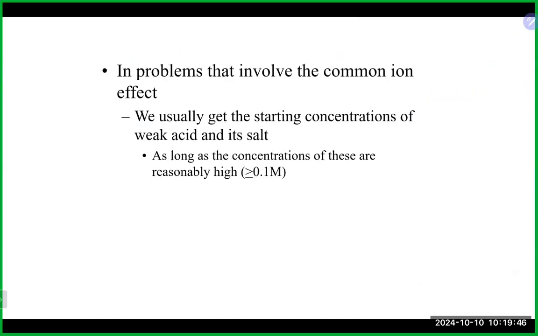So in problems like we just saw that involve the common ion effect, for the most part, the common ion effect is really buffers. Buffers are pretty much a common ion effect that's happening.